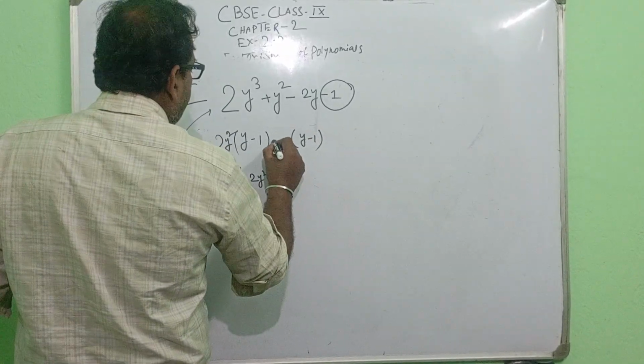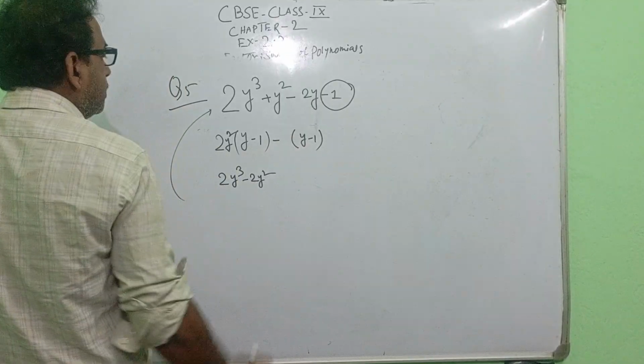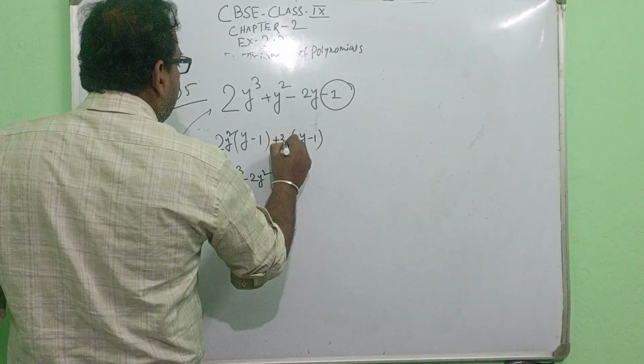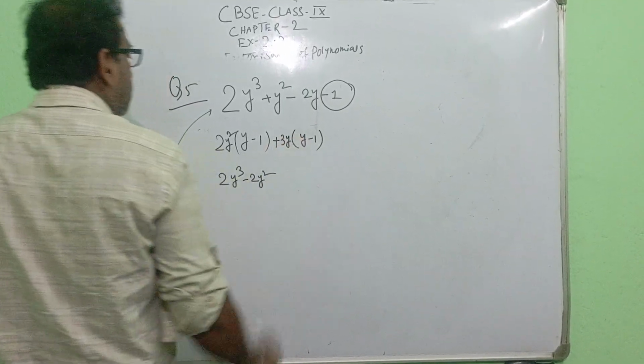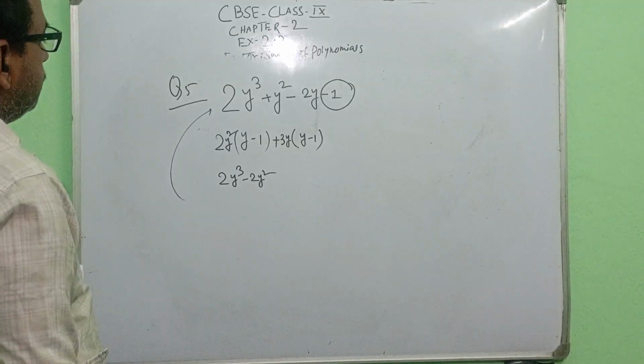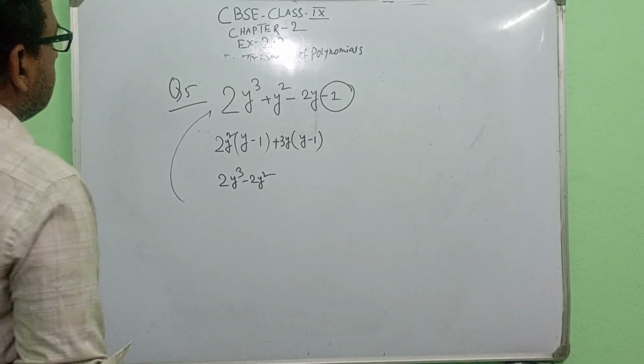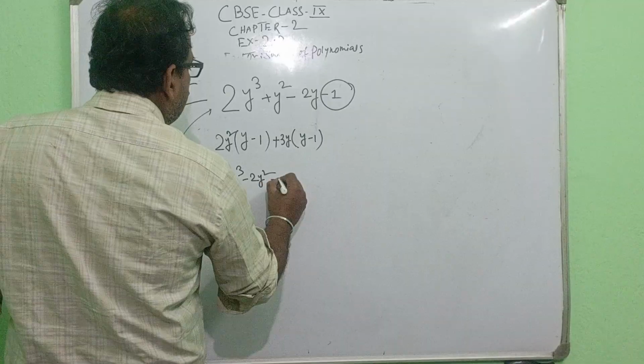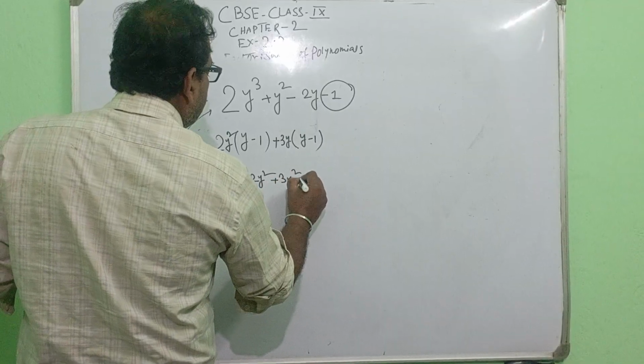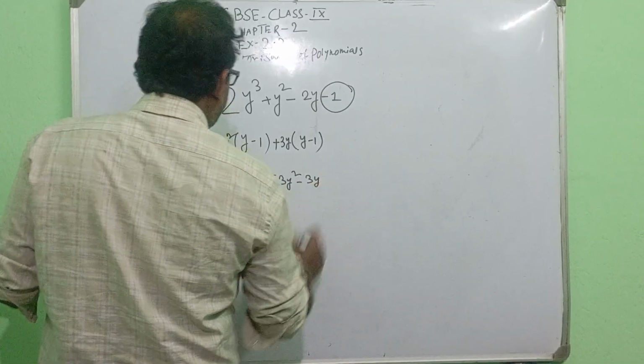We have to take plus 3y, coming 3y square minus 3y.